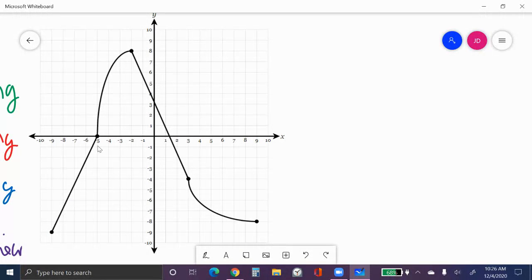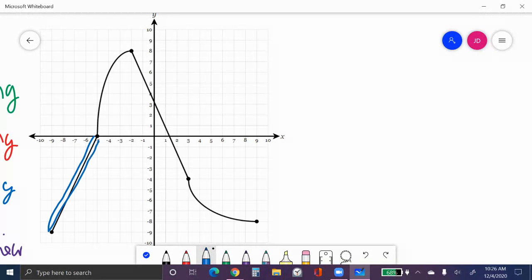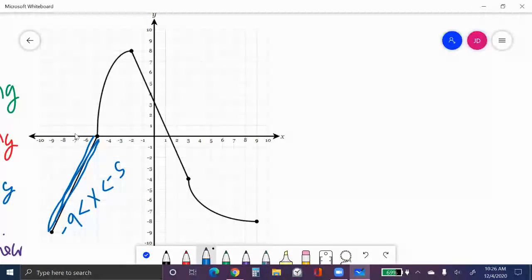This piece right here, this blue line, we're going to define as x is between negative 9 and negative 5. So negative 9 less than x less than negative 5. That's basically saying the same thing as the piece between x is negative 9 and x is negative 5.